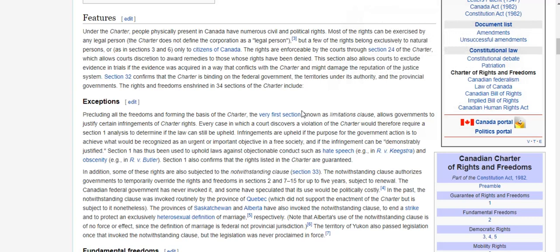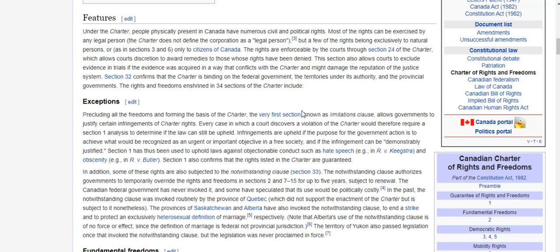In the past, the Notwithstanding Clause was invoked routinely by the province of Quebec, which did not support the enactment of the Charter, but is subject to it nonetheless. The provinces of Saskatchewan and Alberta have also invoked the Notwithstanding Clause to end a strike and to protect an exclusively heterosexual definition of marriage, respectively.